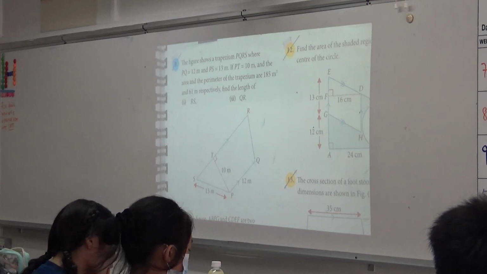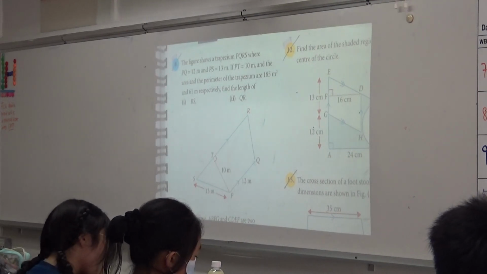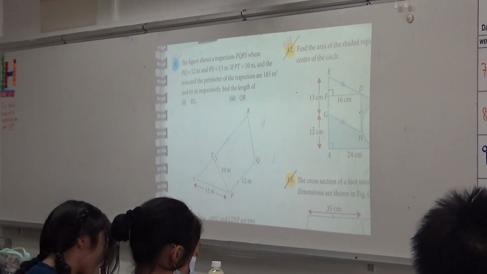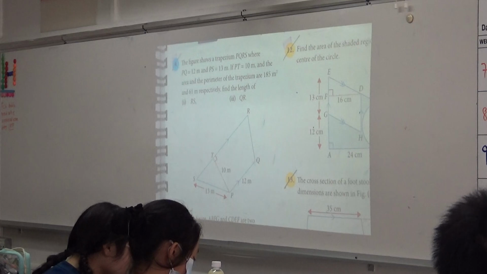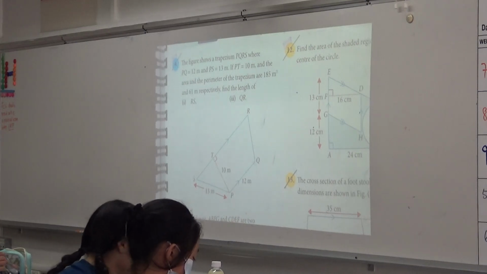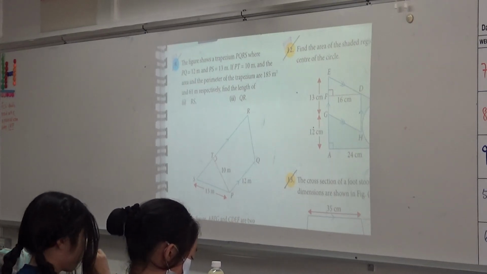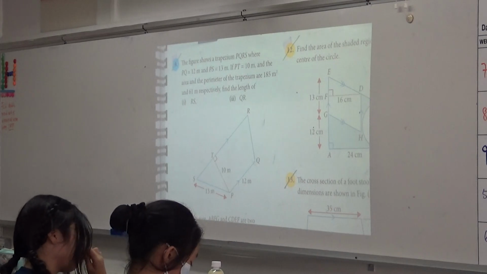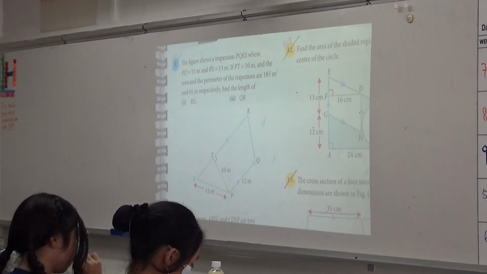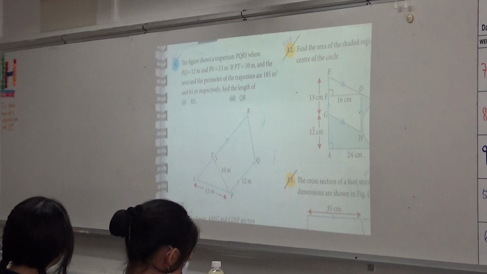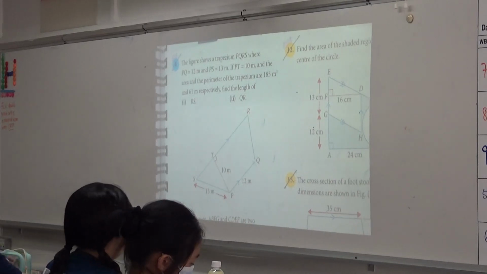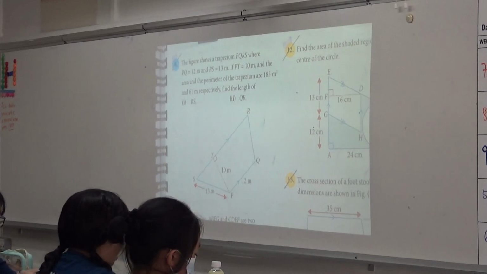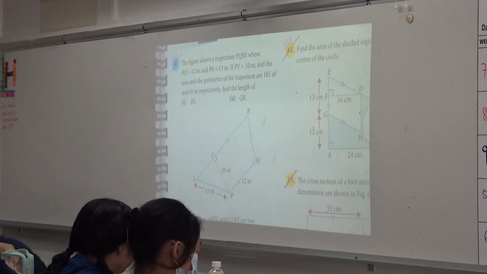The figure shows a trapezium PQRS where PQ is 12 meters, PS is 13 meters, PR is 10 meters, and the area and the perimeter of the trapezium are 185 meters square and 61 meters respectively. Find the length of RS.